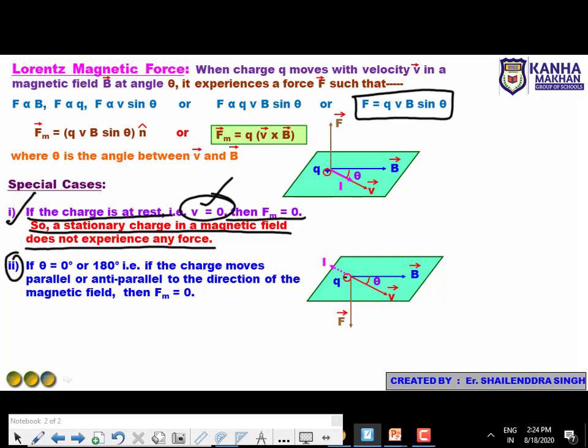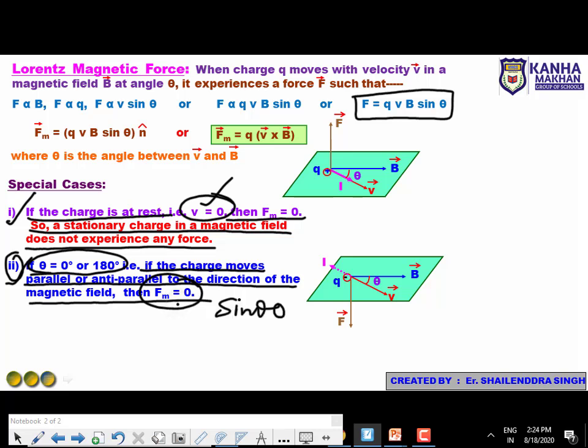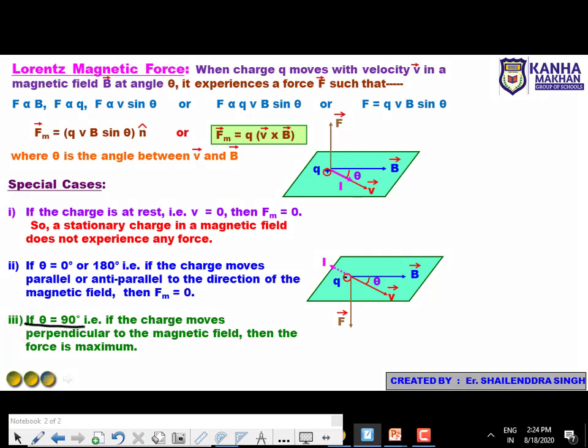And case number 2 is given here. If theta is 0 or 180 degrees, meaning the charge moves parallel or anti-parallel to the direction of the magnetic field, then the force will also be 0. It will not experience any force, because you know very well sin 0 equals 0 and sin 180 will also be 0. And if theta equals 90 degrees, if the charge is moving perpendicular to the magnetic field, then what will happen?